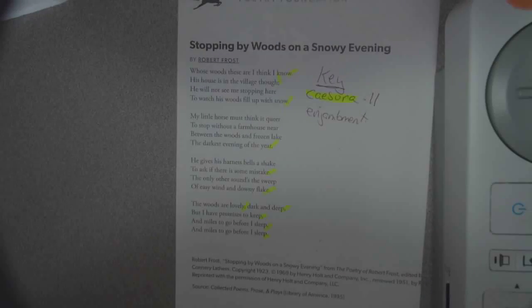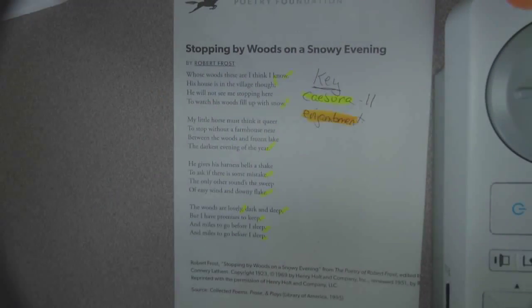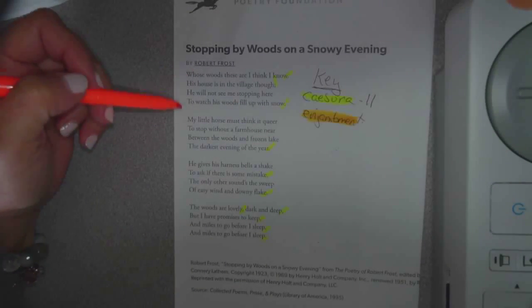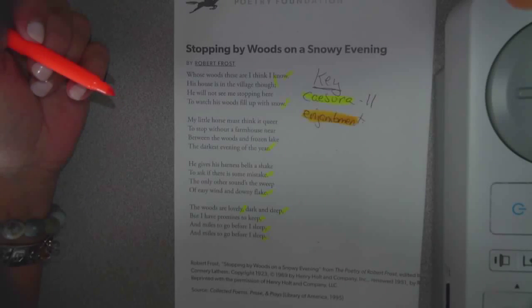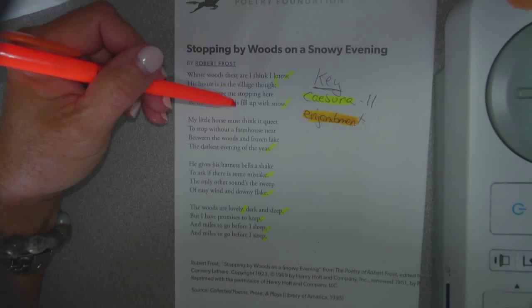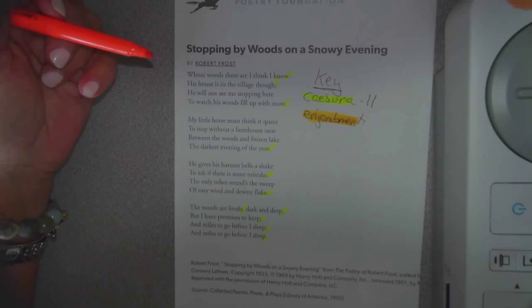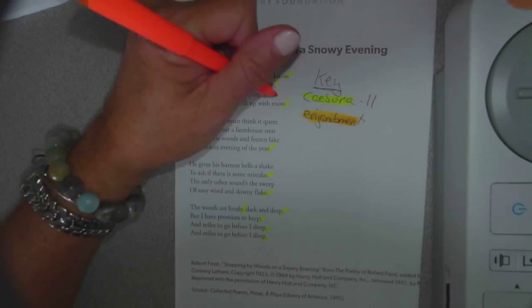Enjambment. Okay? And whatever color you choose for that, I'm going to use orange. Okay. So, Juan, give me an example in this first stanza of enjambment. That's the absence of punctuation. Absence. Okay.